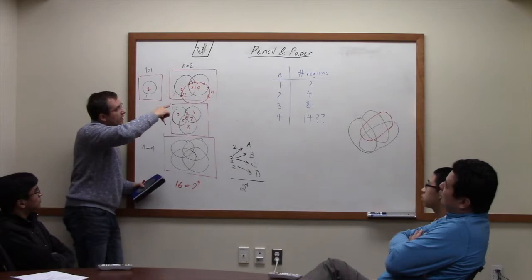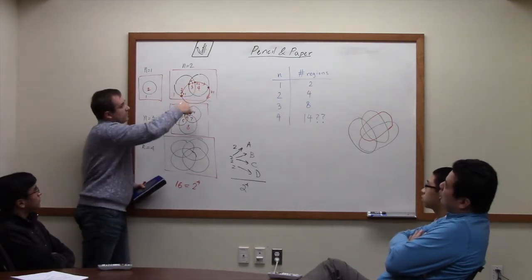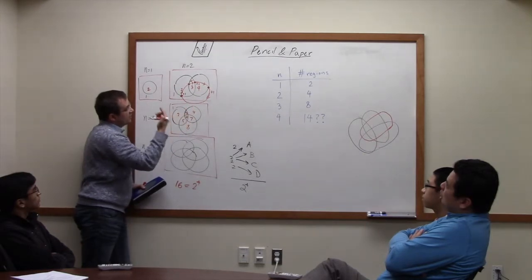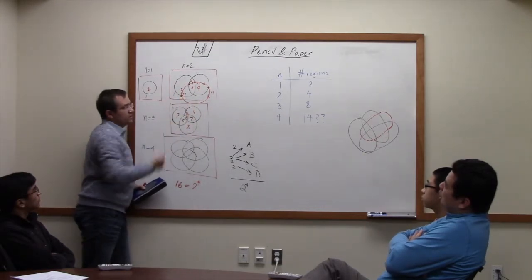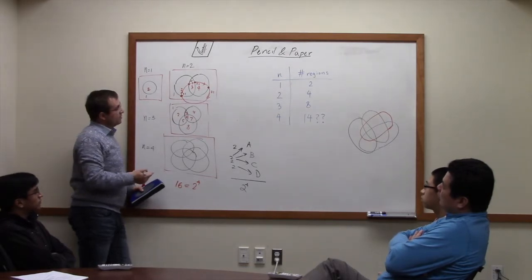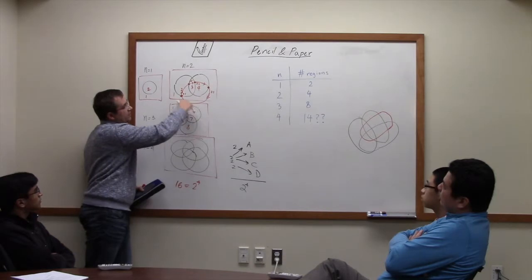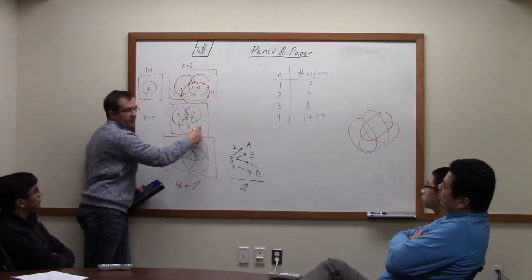So every time that I intersect my circles, I create 1 more region. As you can see, we had 4 regions, +4, I created 8.